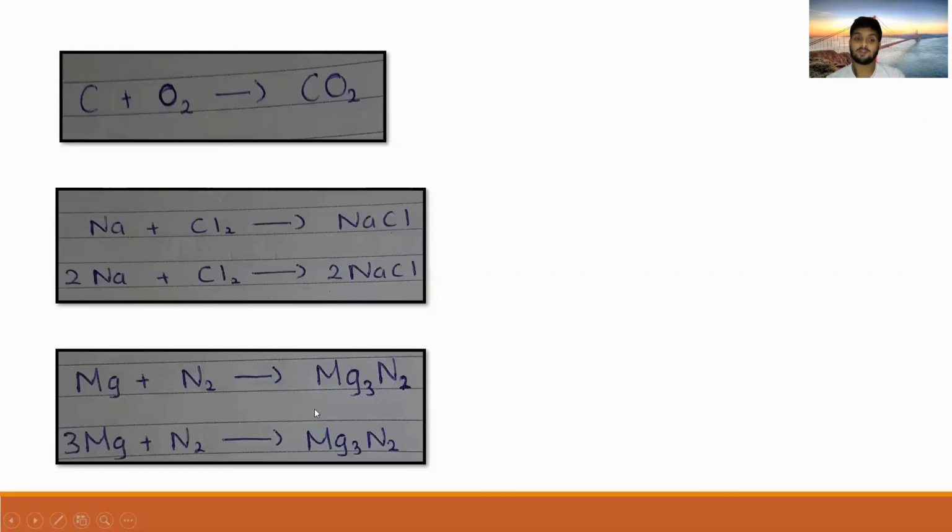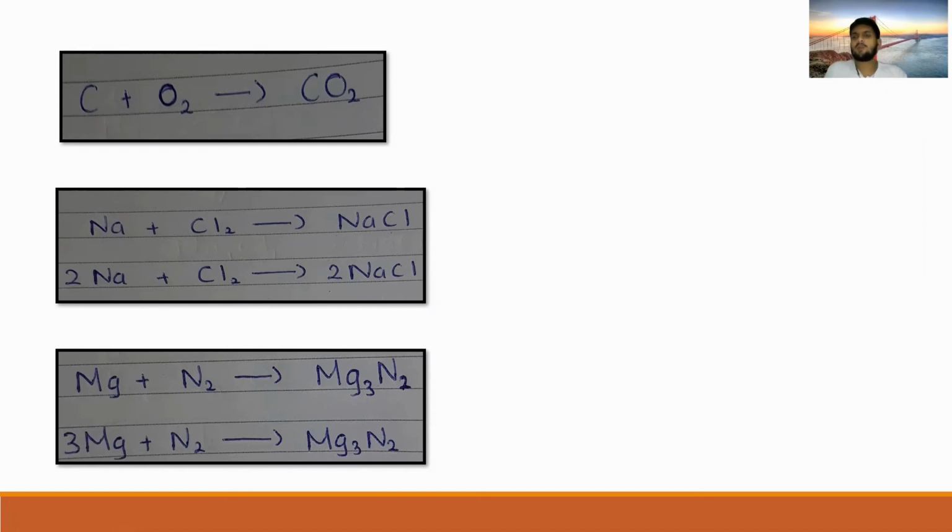So what do you do? Simply add a 3 in front of magnesium to make it balanced. If you put a 3 here, you are getting 3 magnesium, and you have accomplished the balancing part. All right.